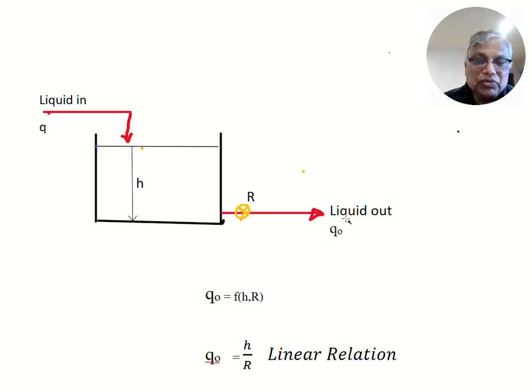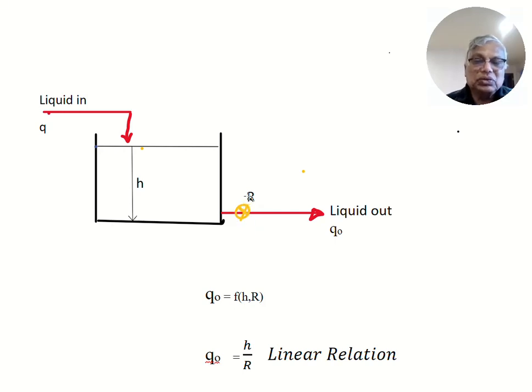The outflow is entirely due to the liquid level in the tank, that is, the height of the liquid in the tank. The driving force for the liquid is this head. We also consider that there is a resistance for the flow denoted by R, which is located in the outlet. For every flow there will be a resistance.